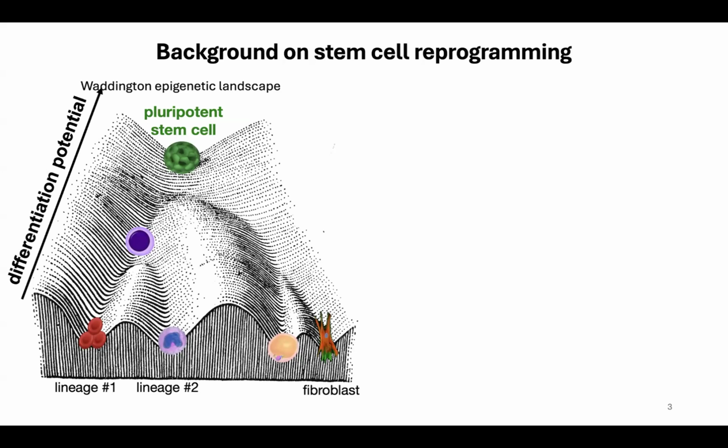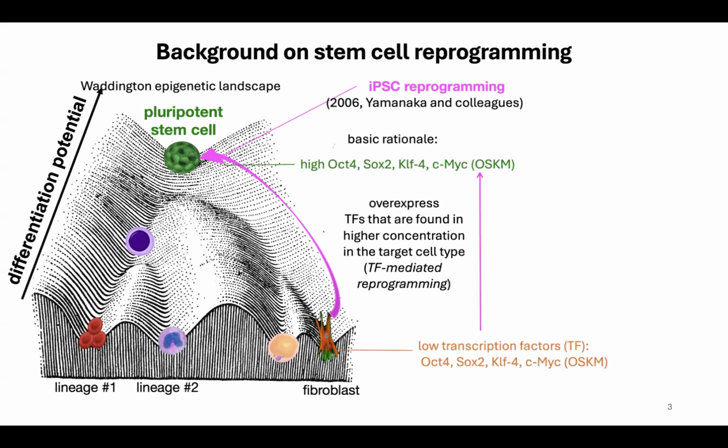So differentiation was long viewed as a unidirectional process, until in 2006, there was a remarkable discovery from Yamanaka and colleagues that demonstrated that you can reprogram the fate of a fibroblast, which is a terminally differentiated cell, to pluripotency by overexpression of a bunch of key transcription factors.